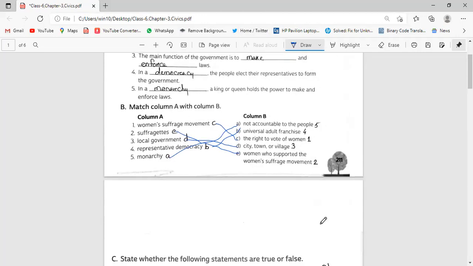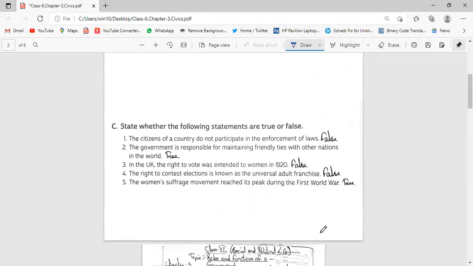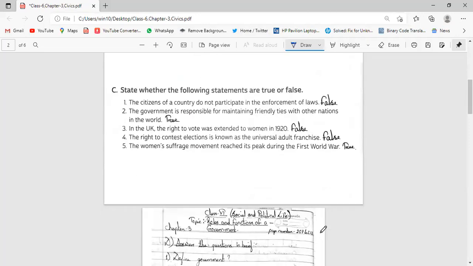Now next, students, you can see the true and false here. State whether the following statements are true or false. The citizens of a country do not participate in the enforcement of laws. False. The government is responsible for maintaining friendly ties with other nations in the world. True.